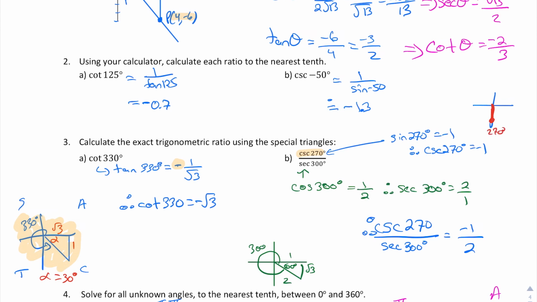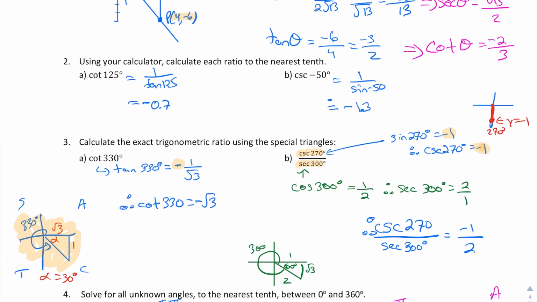So this is 270. And sine is the same as y. Here, y equals negative 1. And so you end up with this value of negative 1. And therefore, the cosecant of 270 is the reciprocal of that. Well, the reciprocal of negative 1 becomes negative 1.